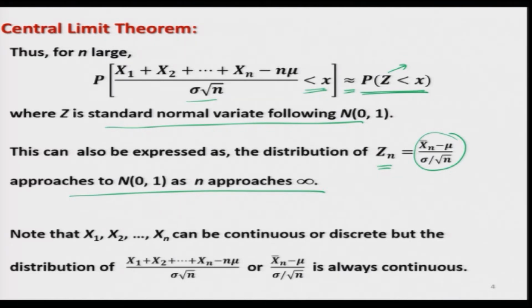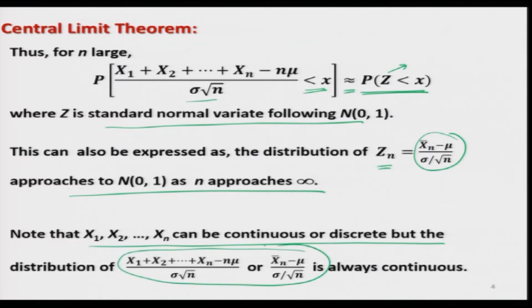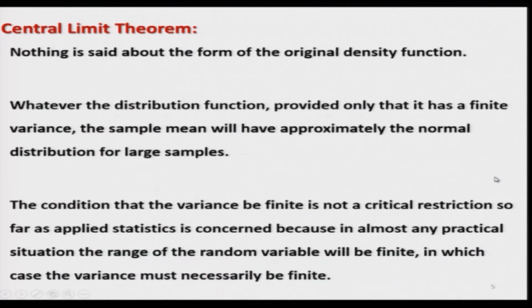You can see that nowhere in this result have I assumed that x1, x2, ..., xn are continuous or discrete; the result is valid for both. The distribution of x1 plus ... plus xn minus n mu divided by sigma root n, or x bar n minus mu divided by sigma by root n, is always going to be continuous, which is normal 0 1, a continuous distribution. And besides this, nowhere am I saying that x1, x2, ..., xn are coming from binomial or Poisson or exponential or geometric.